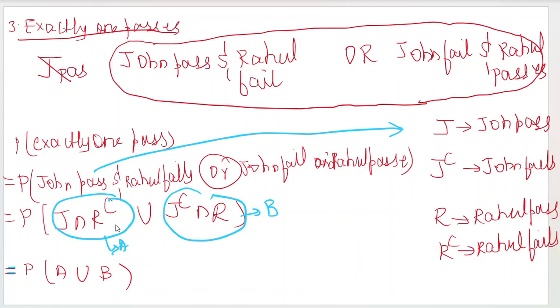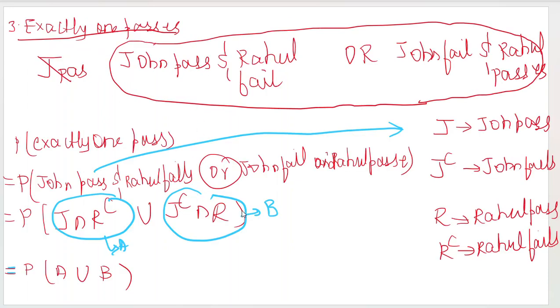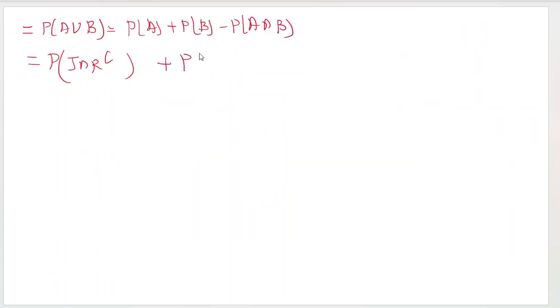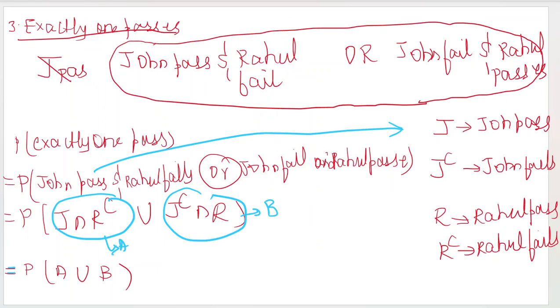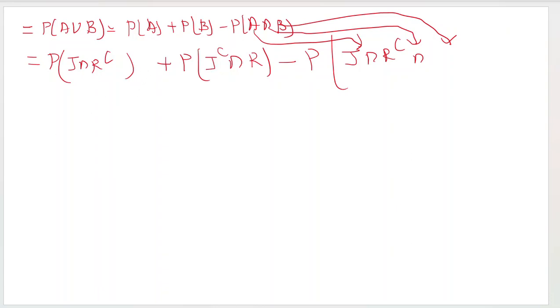A was J intersection R complement, so instead of A we write P of J intersection R complement, plus P of B. B was J complement intersection R, so we write that here, and then minus P of A intersection B. Instead of A we write J intersection R complement, and the B part is replaced by J complement intersection R.